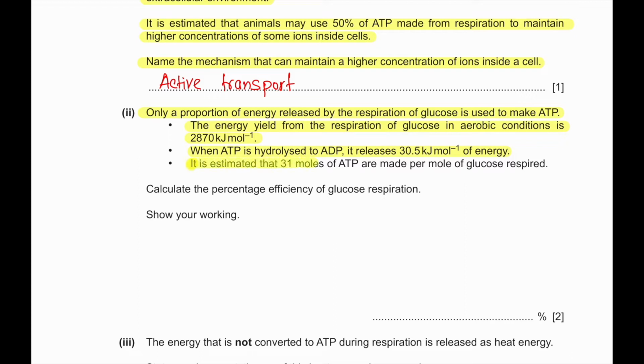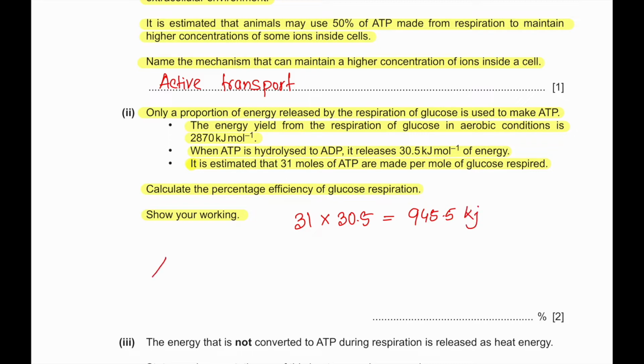It is estimated that 31 moles of ATP are made per mole of glucose respired. Calculate the percentage efficiency of glucose respiration. Show your working. So basically 31 ATP is produced. Each ATP releases about 30.5 kJ per mole energy, which makes it 945.5 kJ.